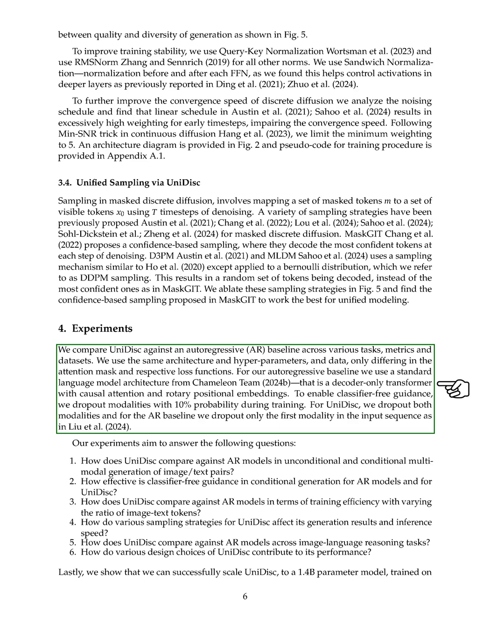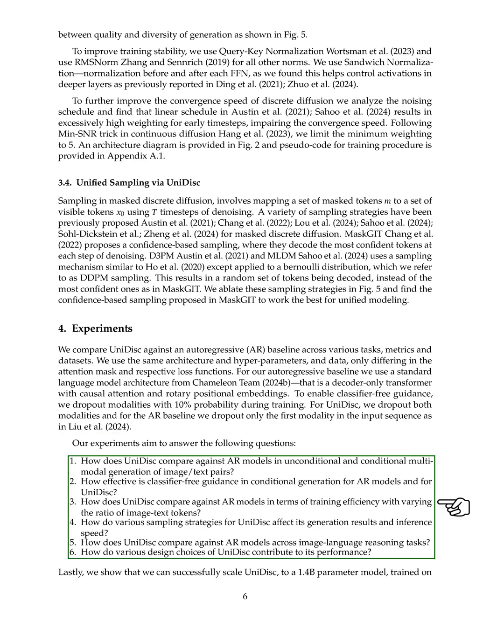Our AR baseline uses a standard language model from Chameleon, which is a decoder-only transformer with causal attention and rotary positional embeddings. To implement classifier-free guidance, we apply a dropout of 10% to modalities during training. For UniDisc, we drop out both modalities, while for the AR baseline, we only drop the first modality in the input sequence. Our experiments aim to address several questions.